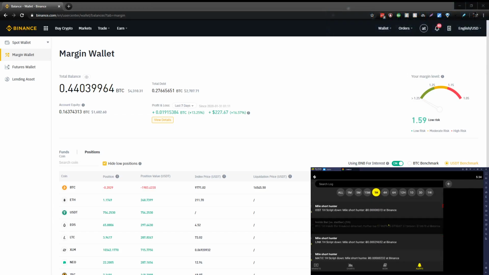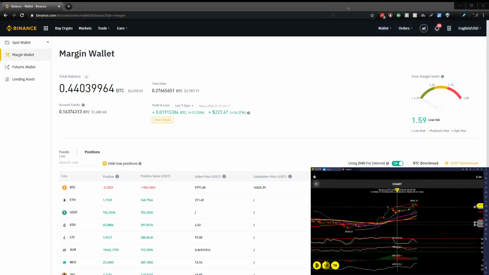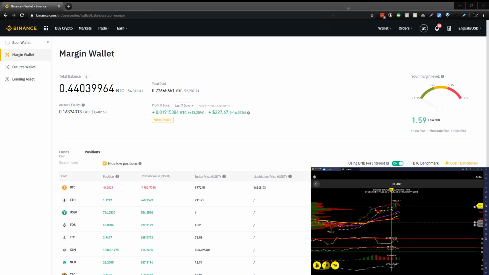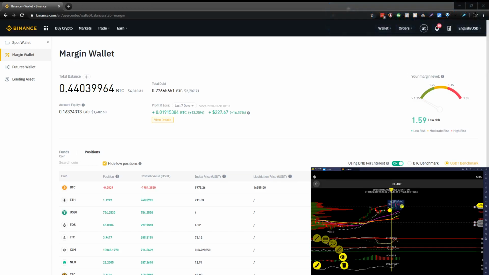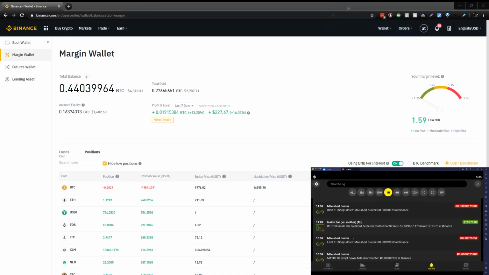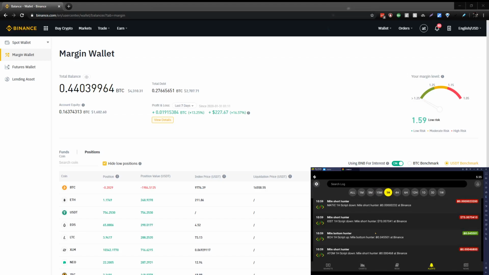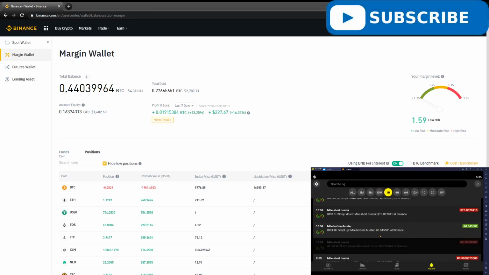This breakout strategy is also great. As you can see, it gave me an alert here, and if you long from here, you're in profit 1%. But you can see 1% with 50x leverage is 50% gain.